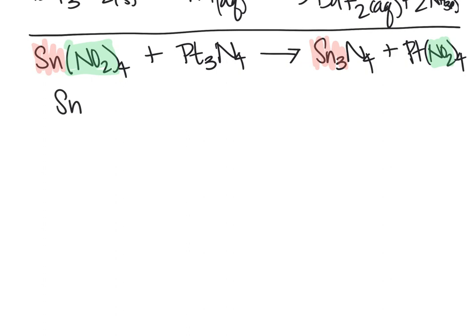So one of the things that we're going to do is instead of splitting out this nitrite molecule, we're going to leave it bundled together. We have a platinum and another nitrogen. So we have 1 platinum, there are 4 nitrites. We have 3 platinum and 4 of these nitrogen.